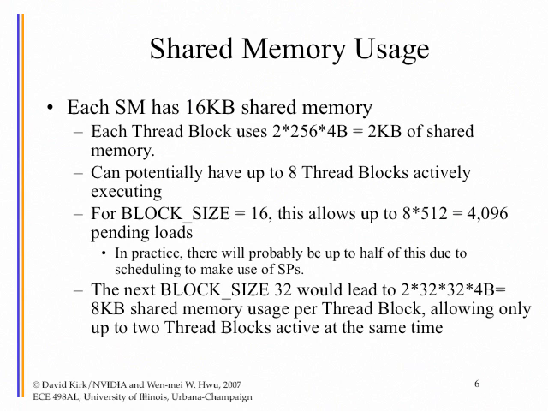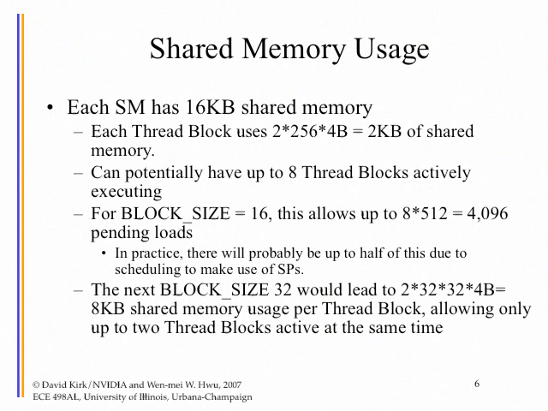Now, let's go into this a little bit more from the engineering perspective. I just told you that each SM has 16K bytes of shared memory. So if I use, let's say, 16 by 16 tiles, then I have 16 by 16, which is 256 elements.